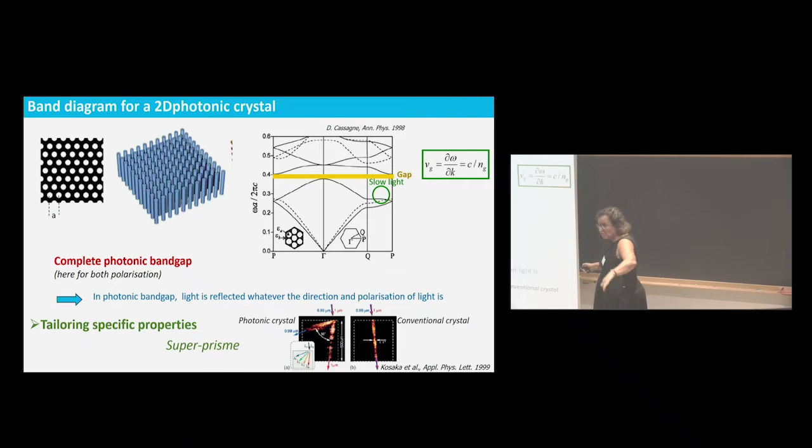You can see that the band is flat. So that means that the group velocity is very low. And if you propagate at that frequency along that direction, which is something between Q and P, then the light propagates very slowly, so you have a slow light. So it's very good for interaction.